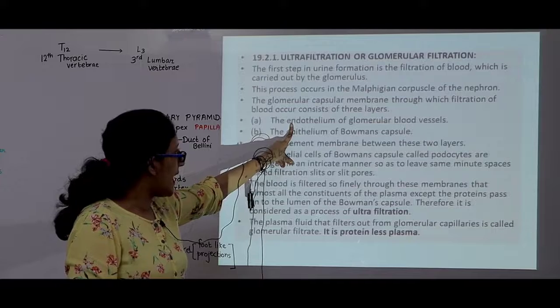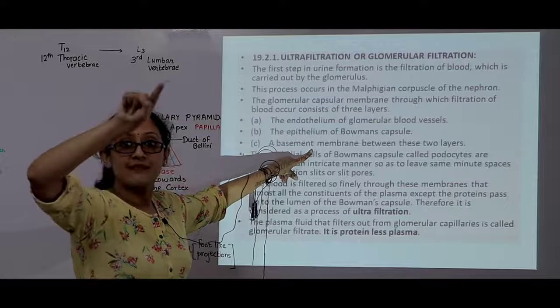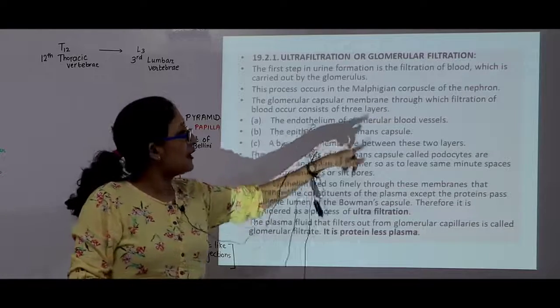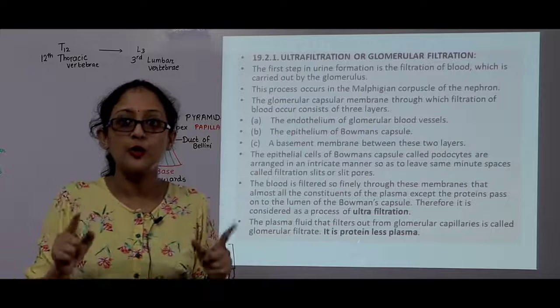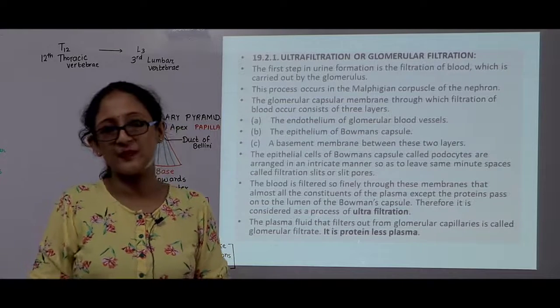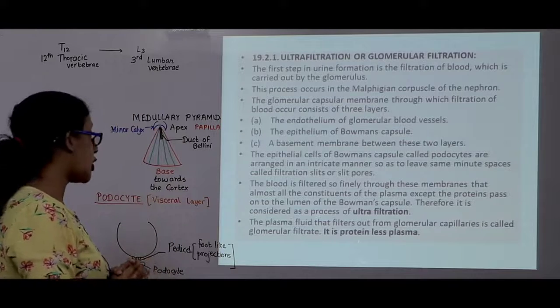Then you have the basement membrane, and finally you have the epithelium of the Bowman's capsule. I told you, the visceral layer having the podocytes or the pedicels. So there are three layers through which the filtration occurs.